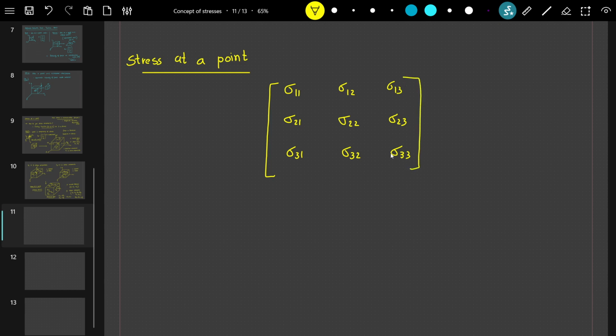This is the stress at a point, in matrix form.